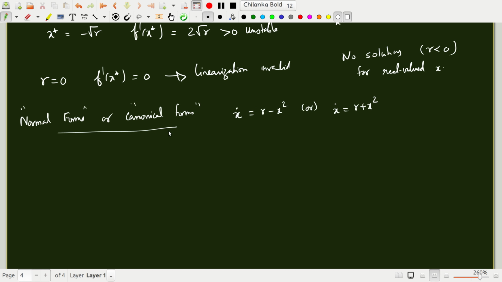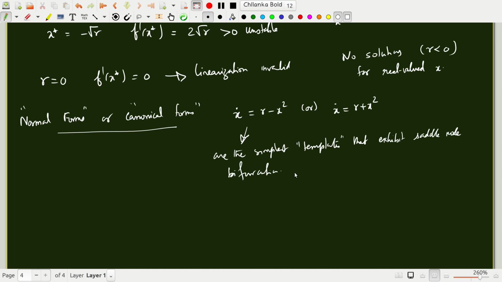The answer is obviously no. There are many nonlinear dynamical systems that can exhibit saddle node bifurcations. But the most important thing is that these are the simplest template equations that exhibit saddle node bifurcation.